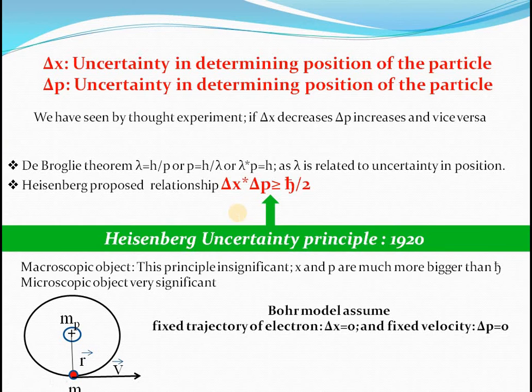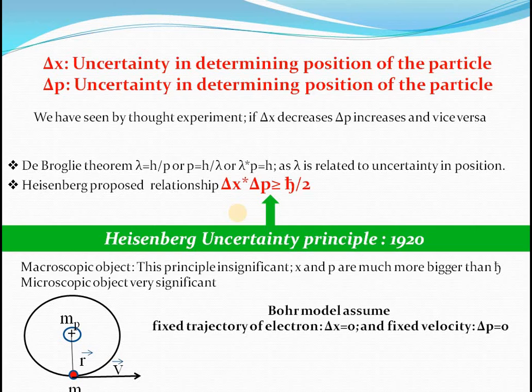As I have already talked about in my earlier lecture, classical mechanics is a deterministic science where you can determine the exact position, exact momentum, etc. But quantum mechanics is not deterministic, it is probabilistic. In quantum mechanics you cannot tell the exact position or exact momentum of a particle.